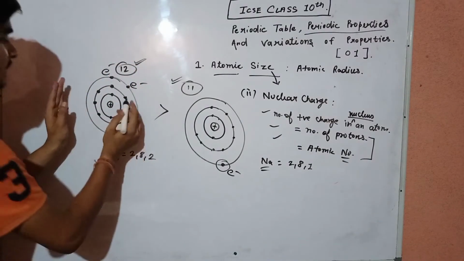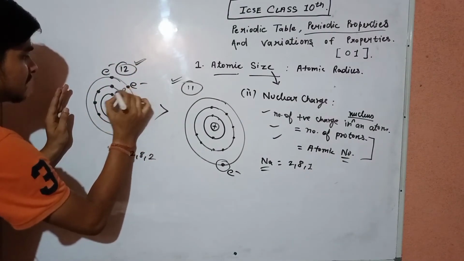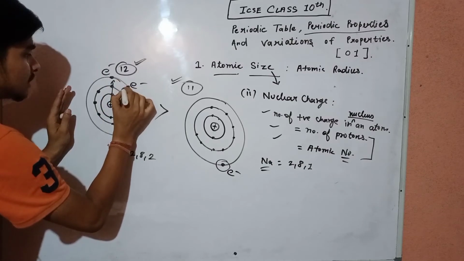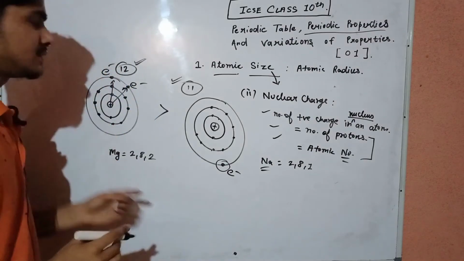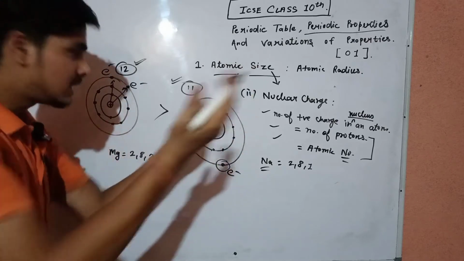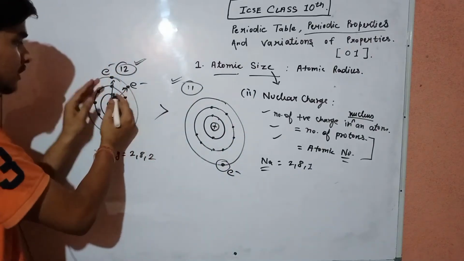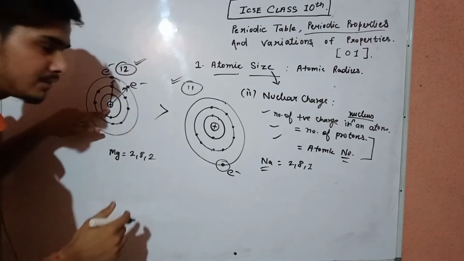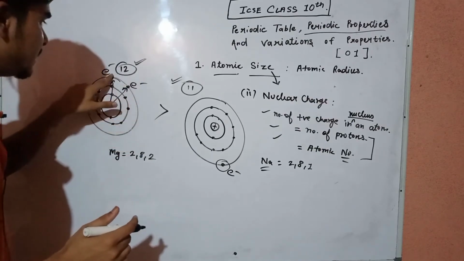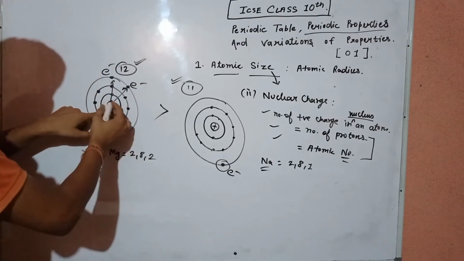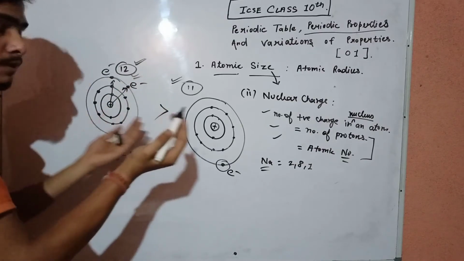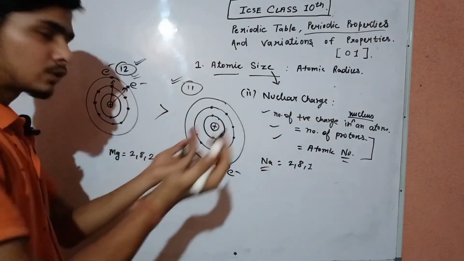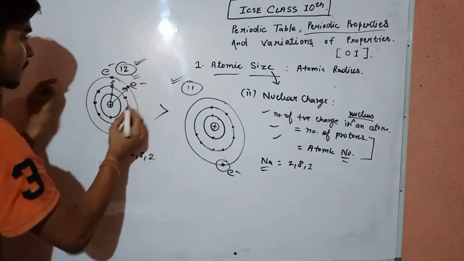This will attract this electron also and this electron also. This positive charge is attracting the outermost electrons. Obviously, these electrons are also getting attracted, since these are negative and this is positive. This positive has greater value 12, so it will be able to attract more electrons towards itself.